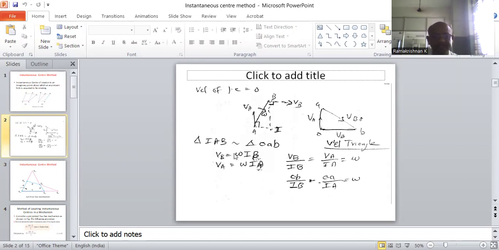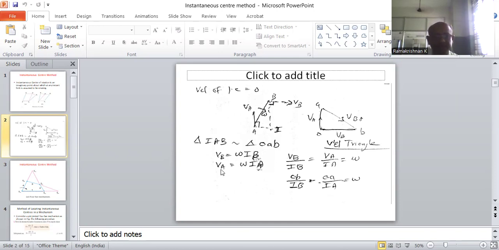By equations, the velocity of point B on the link, we know the formula is omega into r. The link is rotating at uniform angular speed omega. So the velocity of point B equals omega into r. Here B is rotating at that instant about the center I, so the distance r here represents IB.